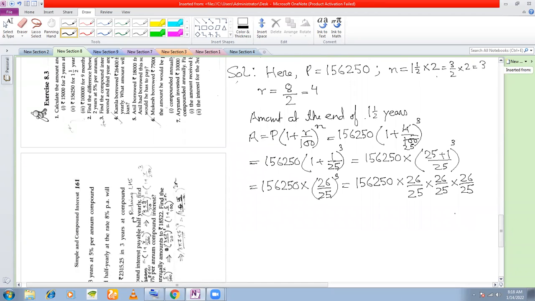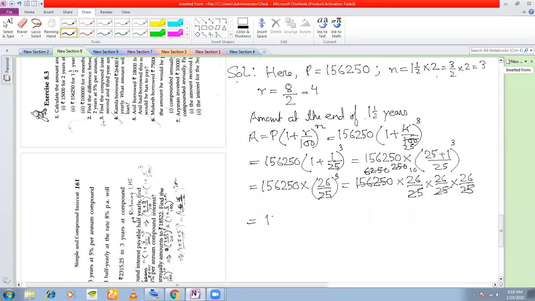So now from here, we are going to cancel and we are going to get the value. See, 156250 will cancel with 25. Let's see how many times. So this is 6 times, and then you have 2 times, and then you have 5 times. 6250. Again, this 6250 will cancel with 25, 250 times. And again, 25 will cancel 10 times.